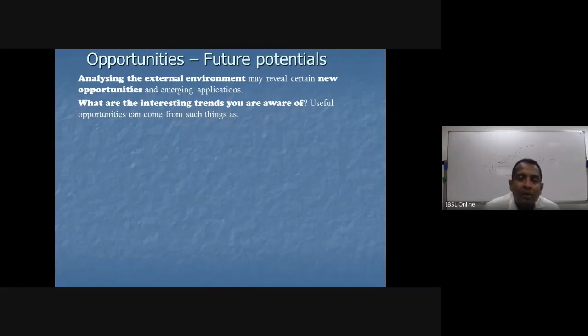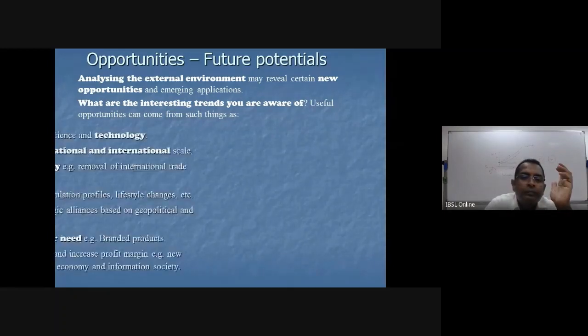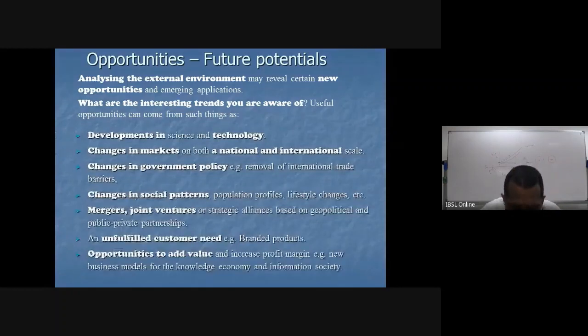But you have to capitalize on the opportunities. So you have to look at development in science and technology, change in the market on both national and international level, changes in the government policy, maybe in the industrial sector.